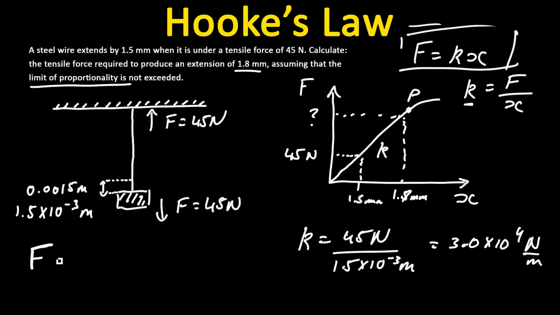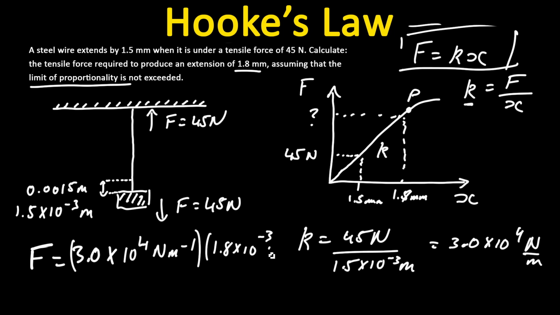So the force is equal to this spring constant, 3.0 times 10 to the power of 4 newtons per meter, multiplied by the extension, which is 1.8 times 10 to the minus 3 meters. And this gives us a final answer for the force of 54 newtons.